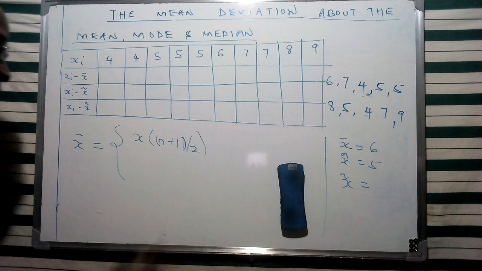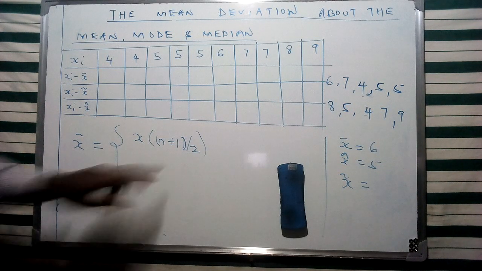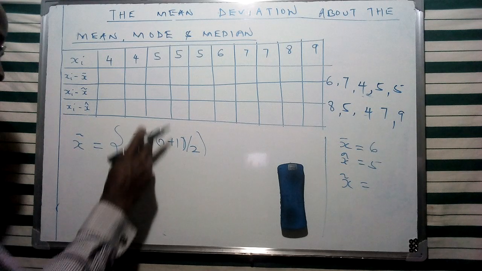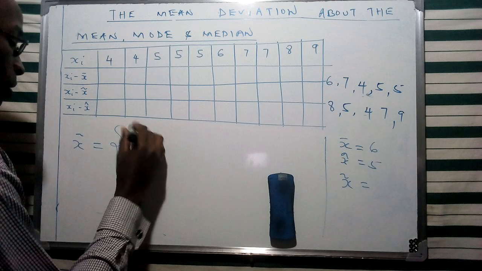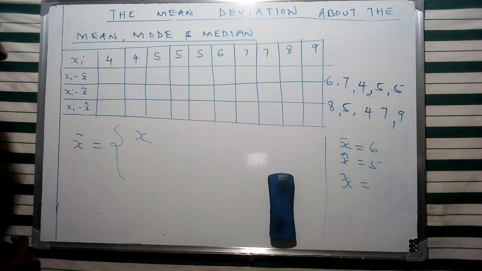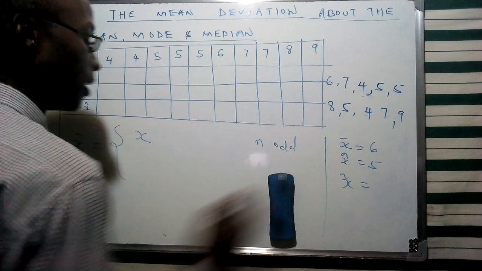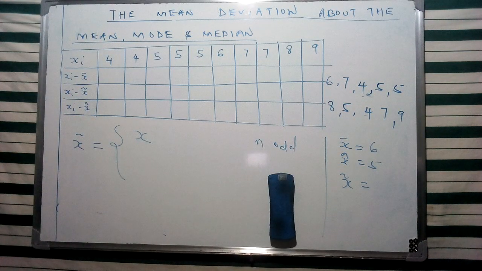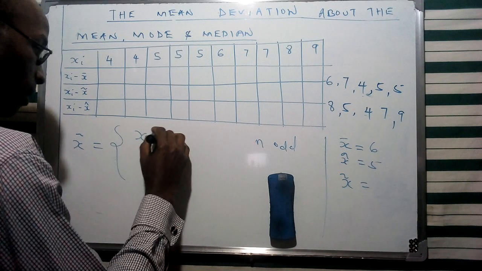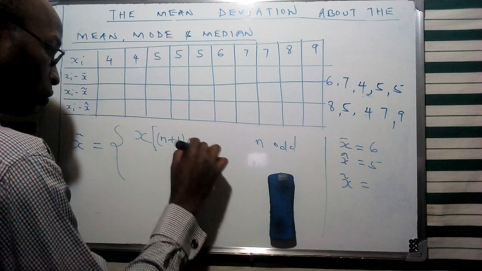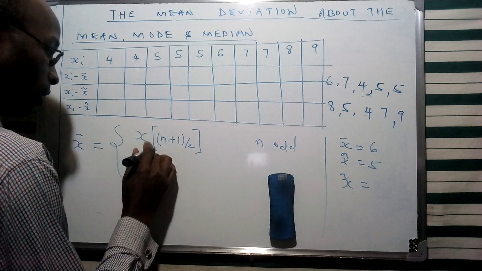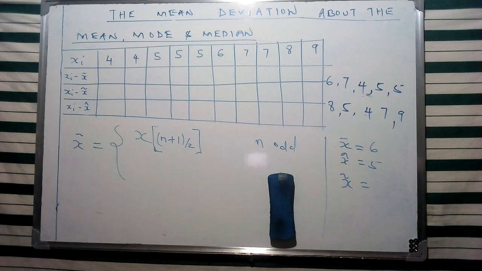Perhaps I can use square brackets in this case to create the difference and write this formula in a clearer way. So in case the value of n is odd, we're going to use this formula to evaluate the median, with the index (n plus 1) over 2, and this is going to be the value for our median.